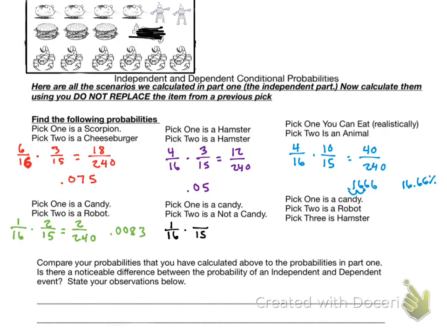And if you look, the stuff that's not a candy is all of it, right? All 15 of those items is not candy. So that's 15 out of 15 that is not a candy. That's 100% of the stuff. So now we multiply across. That's 15 over 240. And 15 divided by 240 gives us 0.0625.